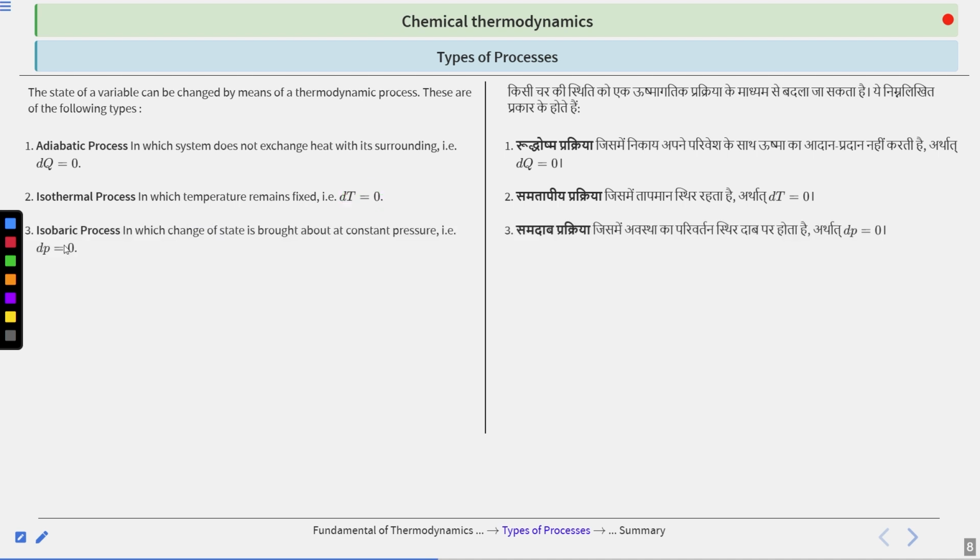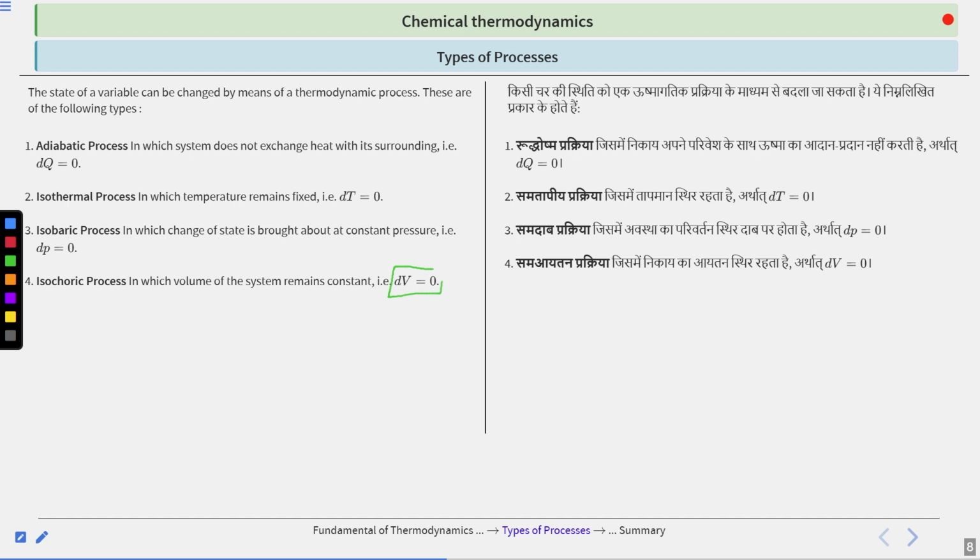Similarly, in the isobaric process, the change of pressure should be 0. So this process is done at constant pressure. And at last we have the isochoric process, in which your change of volume is 0. You are doing your process by keeping your volume constant.